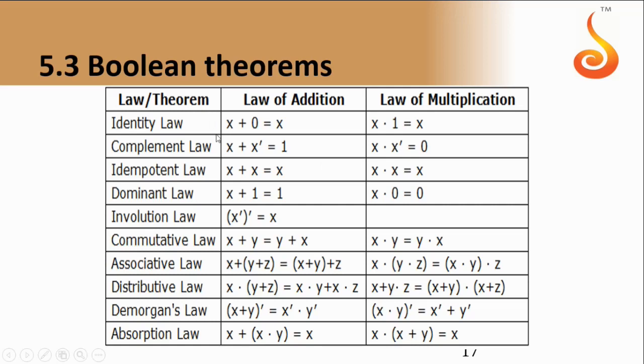So the complementary law states that when a variable is ORed, means plus, with its complement, and complement is x dash. So if x is 1, it will be 0, just the inverse of that. So when a variable is ORed with its complement, the result is equal to 1. Yes, I can see over here x plus x bar is equal to 1.